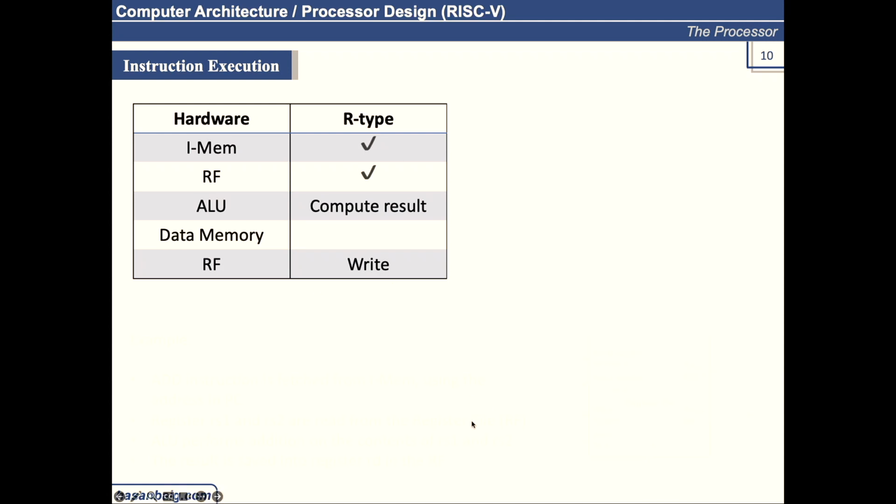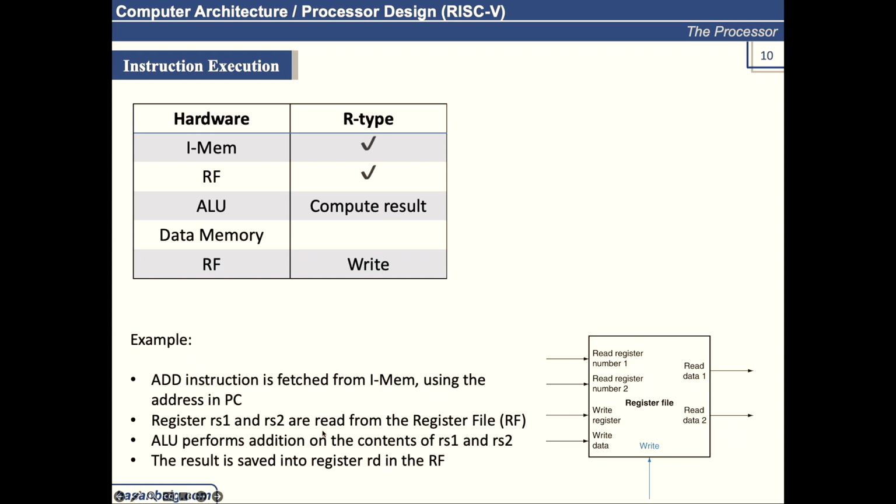Here again is the same example. The add instruction is fetched from instruction memory using the address in the program counter. Suppose we wrote a Python program. It is converted into assembly code through the compiler, and then the assembly code is converted into machine code with the help of an assembler. This machine code is stored in the instruction memory.